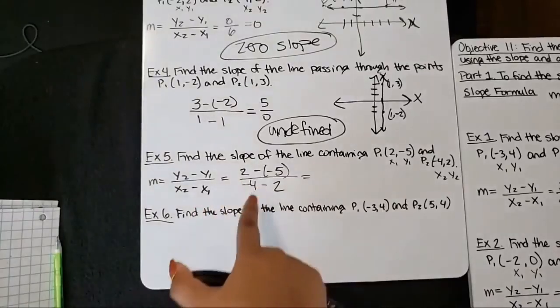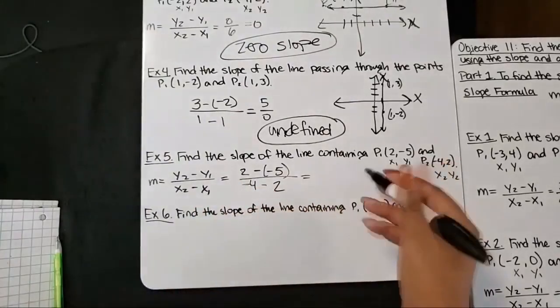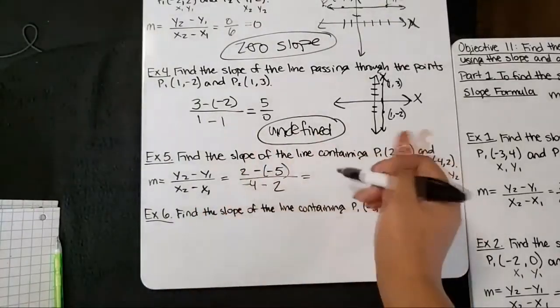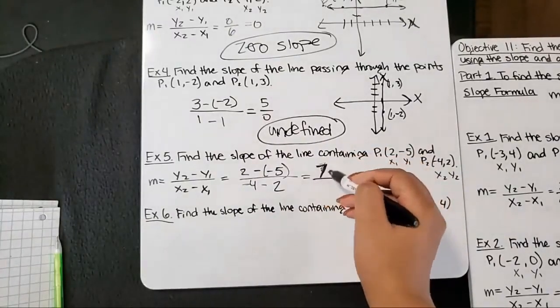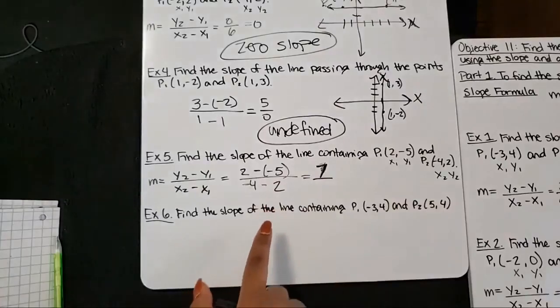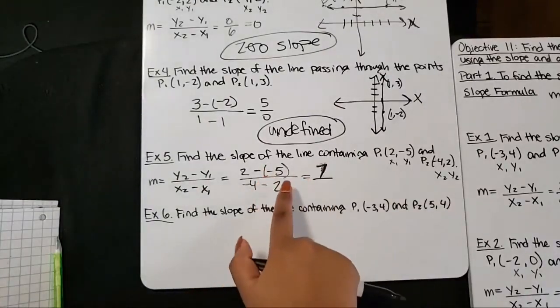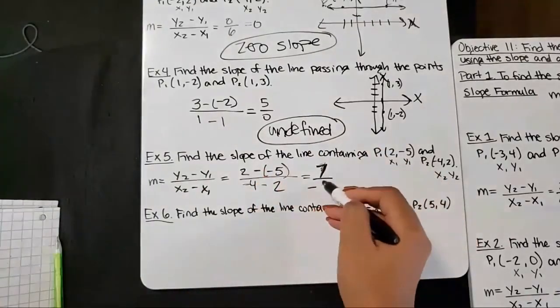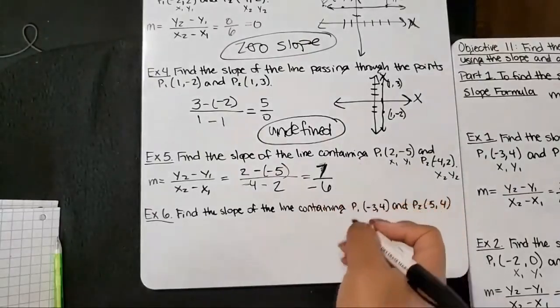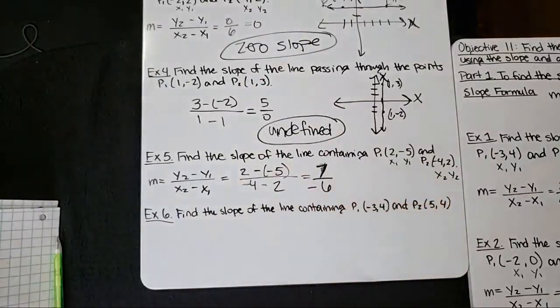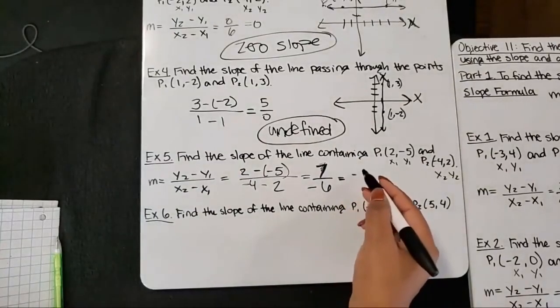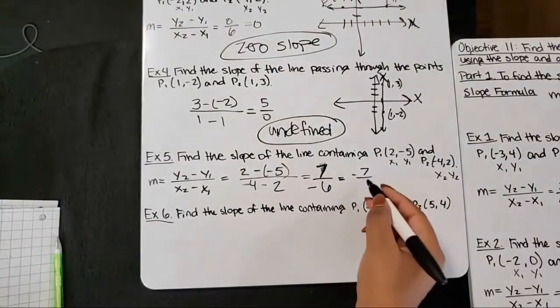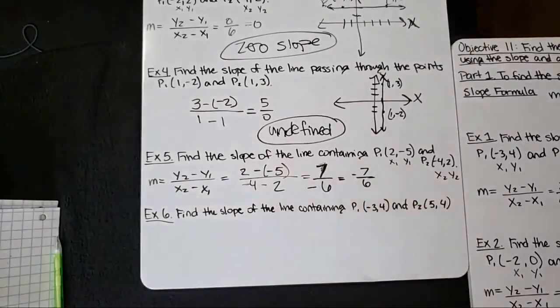So 2 minus -5 is the same thing as 2 plus 5. So we get 7. -4 minus 2 gives us -6. Okay, so I would recommend to rewrite this as -7 over +6.